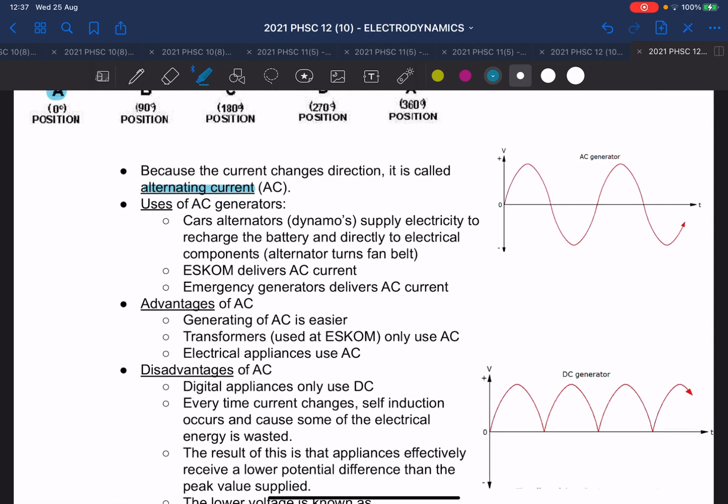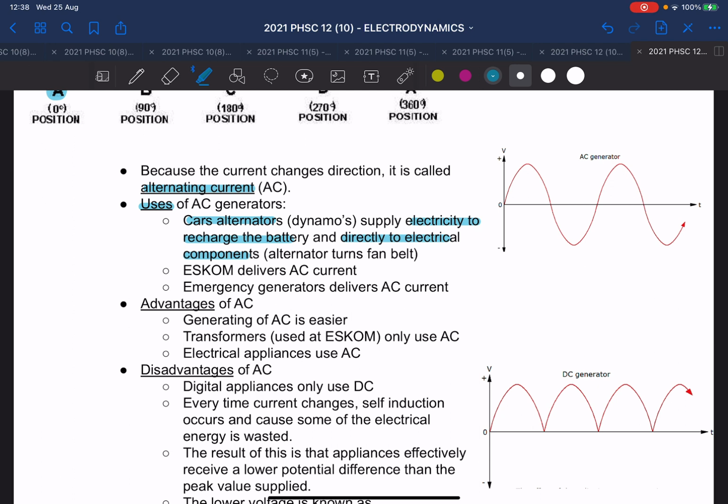Now, where do we use alternating current? We use it in cars, alternators or dynamos that supply electricity to recharge the battery and direct electrical energy to the components. So when you start your car, you hear something that starts to turn. That thing that starts to turn starts to generate electricity. And then when you switch on your lights, you have lights.